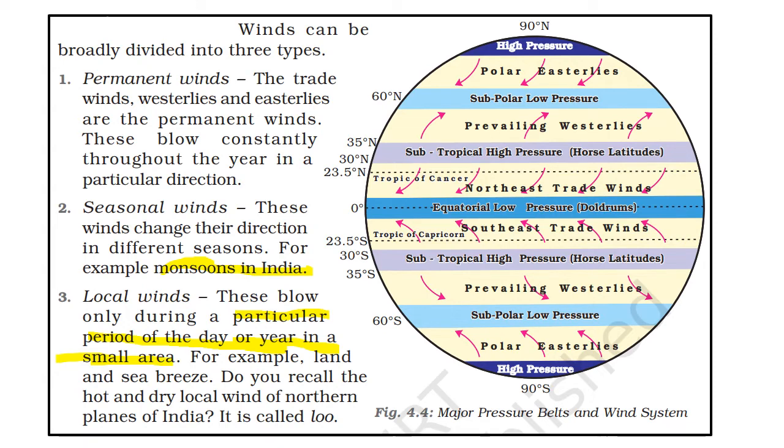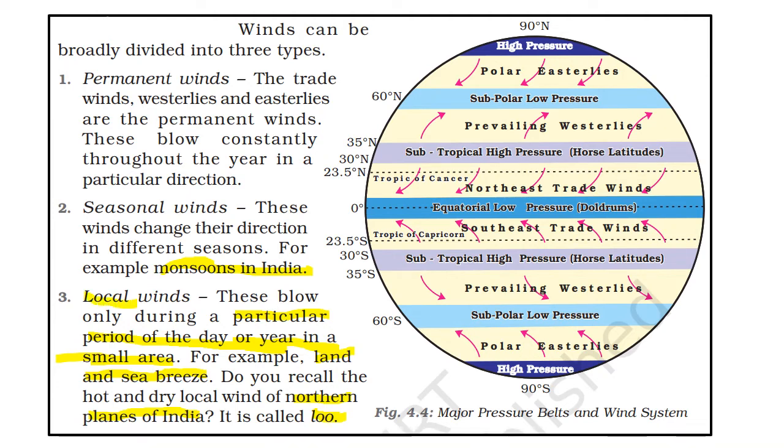For example, land breeze and sea breeze, which is experienced in coastal areas, while very hot winds blow in northern India. In the northern plains of India a very hot wind blows, which is called what? Loo. Loo is an example of local winds.